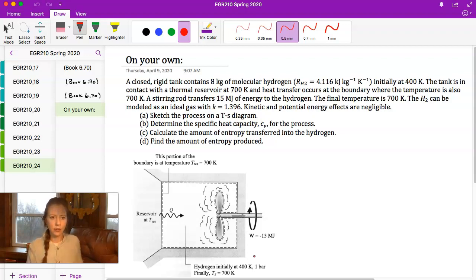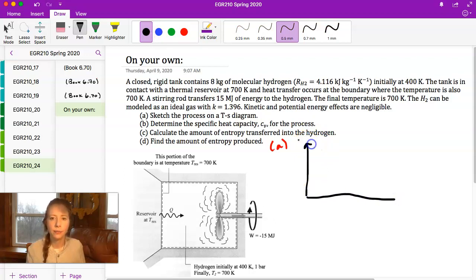So I'm going to keep going here, and let us just start by sketching this on a TS diagram. So it's this temperature-entropy diagram. And I'm going to do temperature in Kelvin, and entropy in kilojoules per kilogram Kelvin.